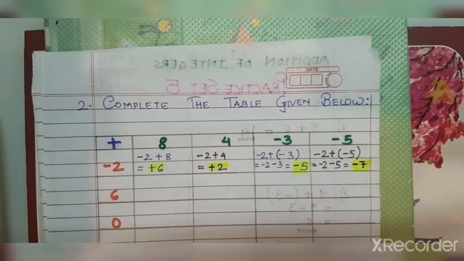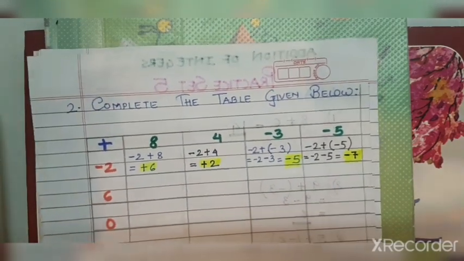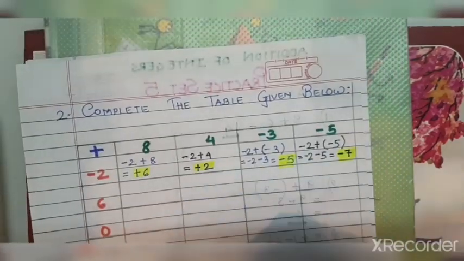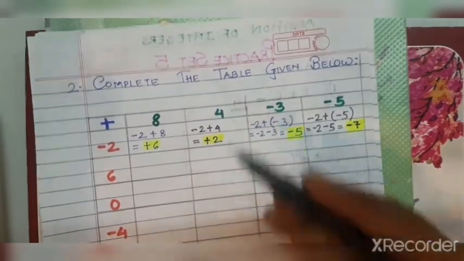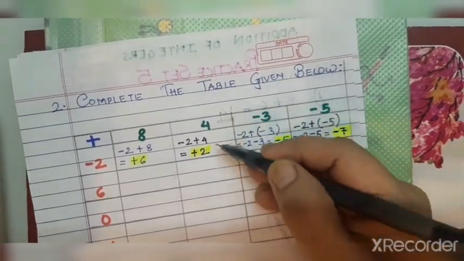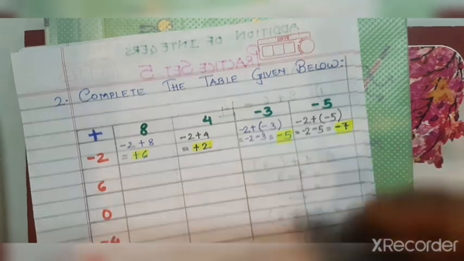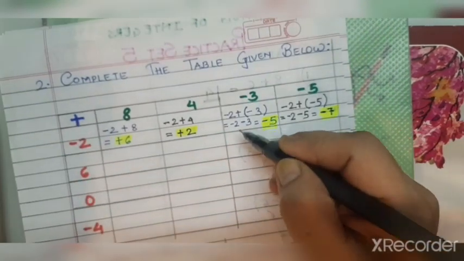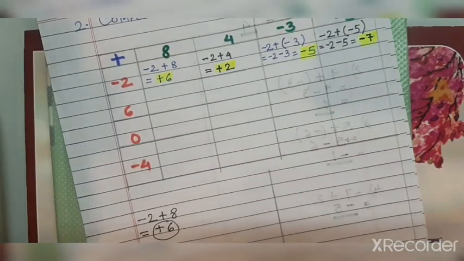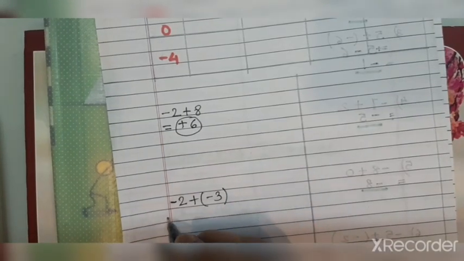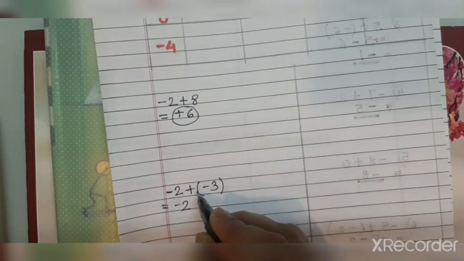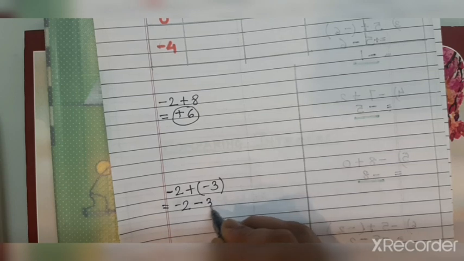If not, then the other option for you is to make a table and do the calculation part down, and just the answer, positive or negative, you put in the table. For example, if I am doing this particular sum, negative 2 plus into minus is minus.